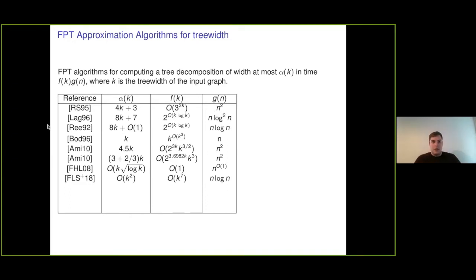There are actually quite a lot of different algorithms for doing this, FPT and exponential in k with constant factor approximation ratios, for example the algorithms of Lagergren and Amir. But none of these algorithms has both single exponential time in k and linear in n.